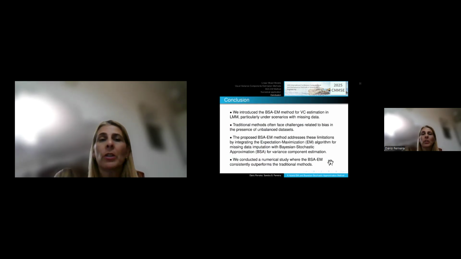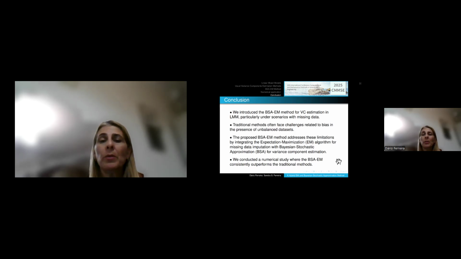So, in conclusion, we introduced the BSA-EM method for variance component estimation in linear mixed models, particularly under scenarios with missing data. Traditional methods often face challenges related to bias in the presence of unbalanced data sets.